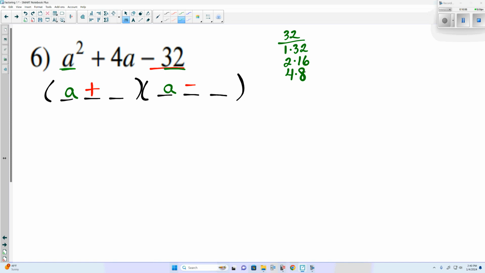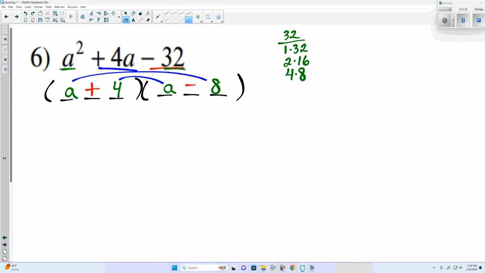Now looking at these here, 1 and 32, 2 and 16, 4 and 8, which one do we want to try first? 4 and 8. So I'm just going to plug them in. And again, after we plugged it all in, we're going to check and see if we do get the correct middle term.